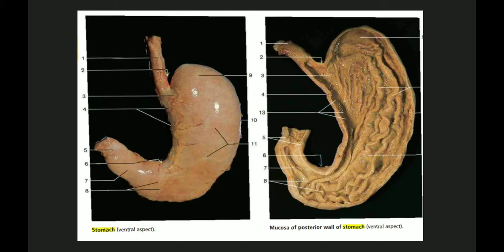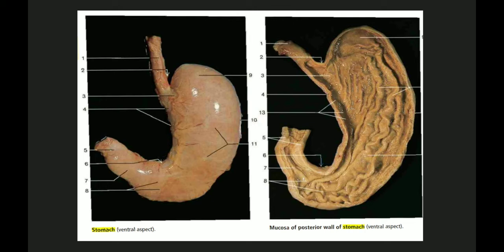They disappear during distension. Fundus is the part above the horizontal line from the cardiac notch to the greater curvature. Normally it contains gas; in X-ray it looks black.